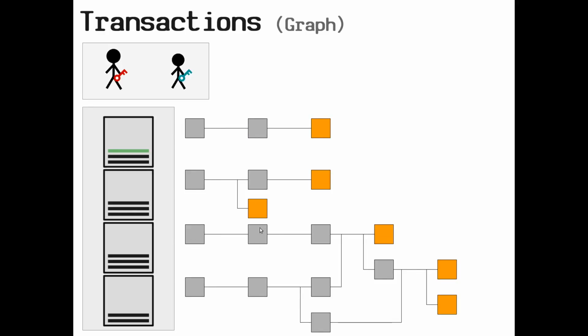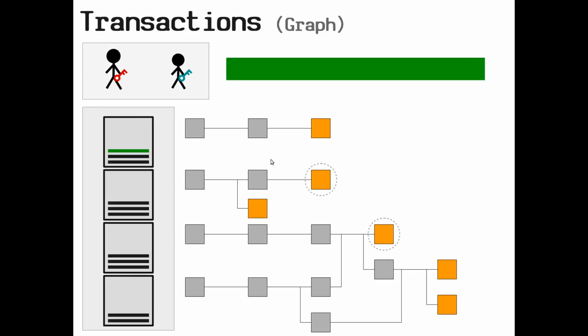So inputs, outputs, and so on. When you make a Bitcoin transaction for yourself, you just select any available outputs that you can spend from this graph in the blockchain, and then you create new outputs from them.